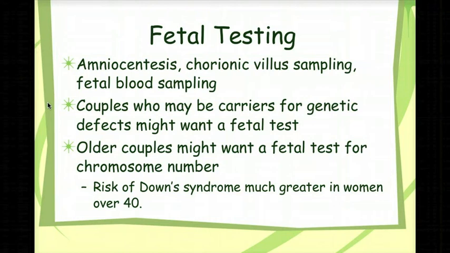So there is a huge increase in risk in women over 40 of Down syndrome, because basically those eggs have been around since she was in her mother's womb, and so they've been around 40 plus years. So that's a lot of time that those gametes could have gotten mutated.